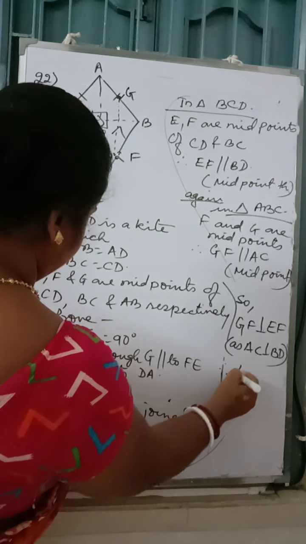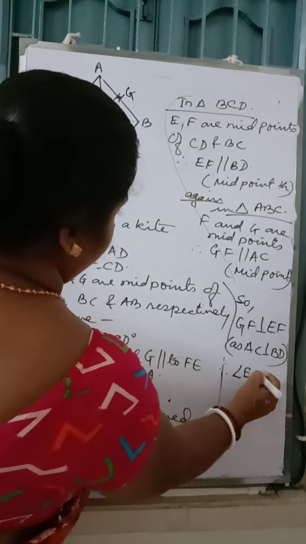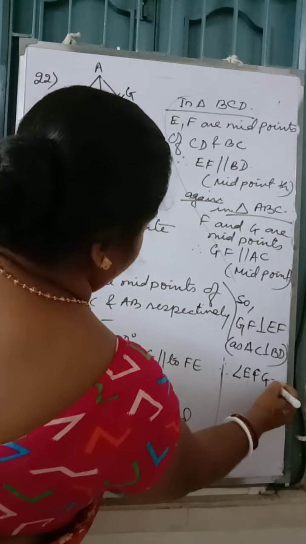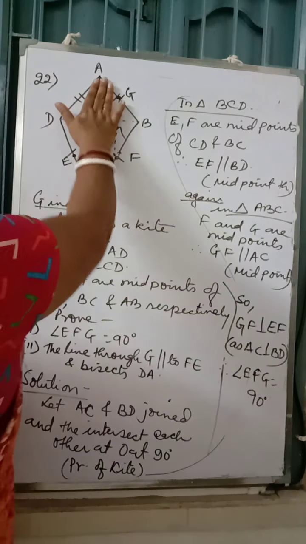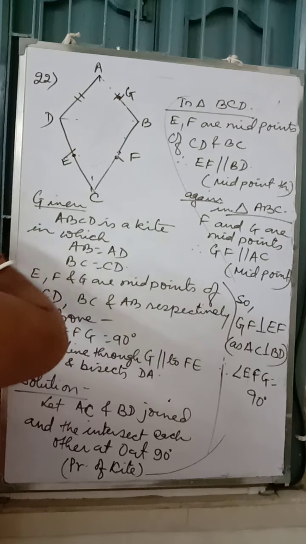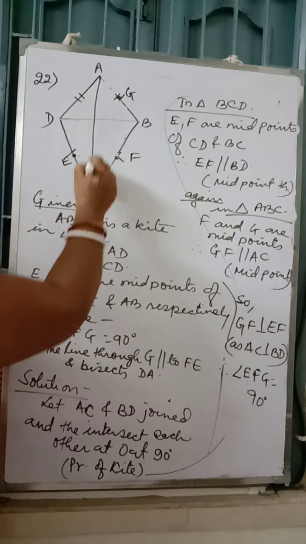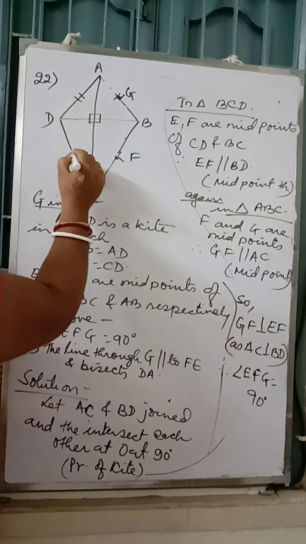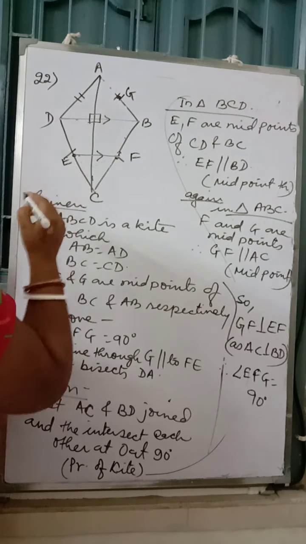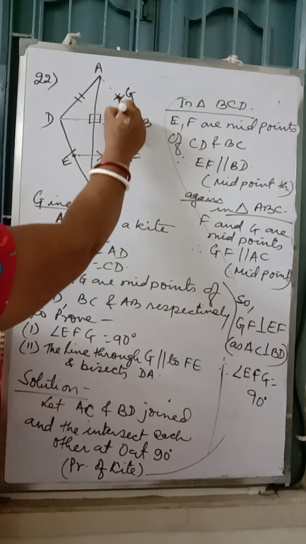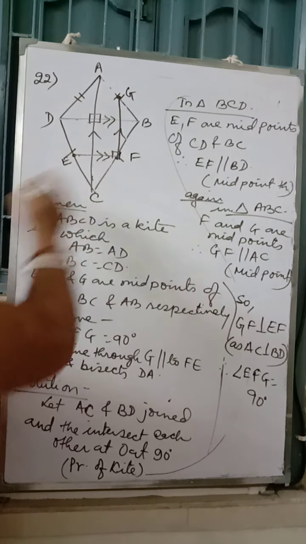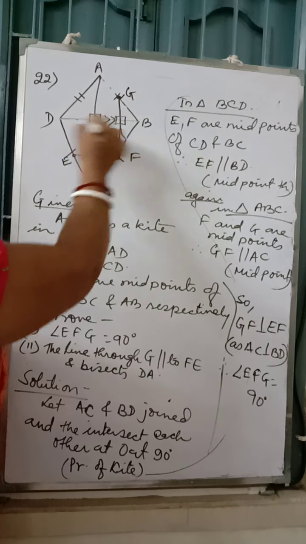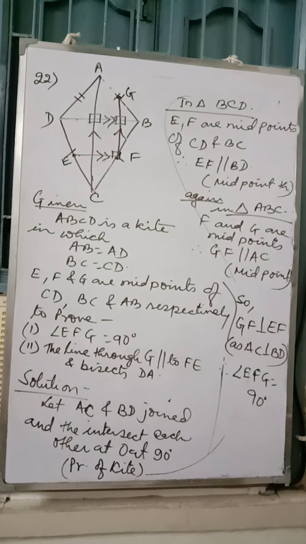So angle EFG is equal to 90 degrees, as we know the diagonals of a kite are perpendicular to each other. Now this is parallel to this line, and this is parallel to this line. So if this is perpendicular, this would be perpendicular. That only we have to prove. So EFG we got, that is 90 degrees.